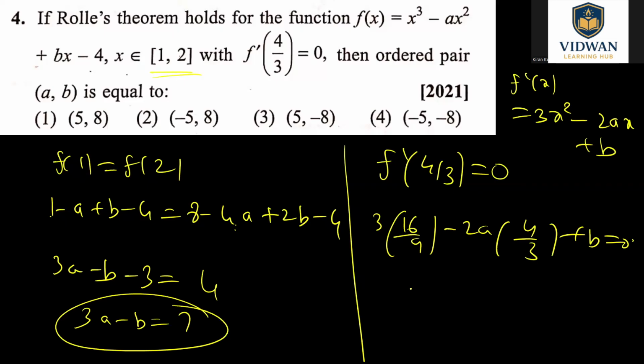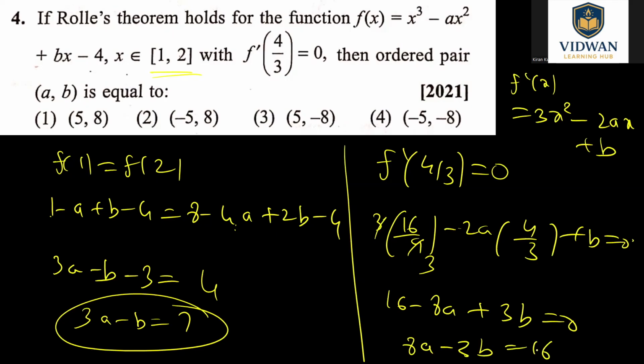Multiply throughout by the LCM 9, then this will be 48 minus 8a into 3 again, so 24a plus 9b equal to 0. Further you can divide this by 3 if required. Otherwise I could have cancelled here, that would have been better. Just cancel this 3 here. Then we'll have 16 minus 8a plus 3b equal to 0, or 8a minus 3b equal to 16.